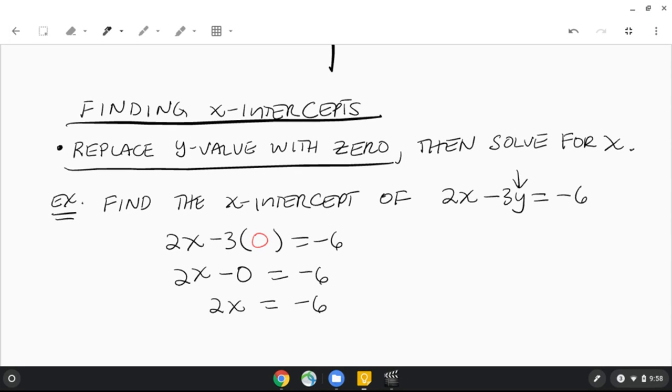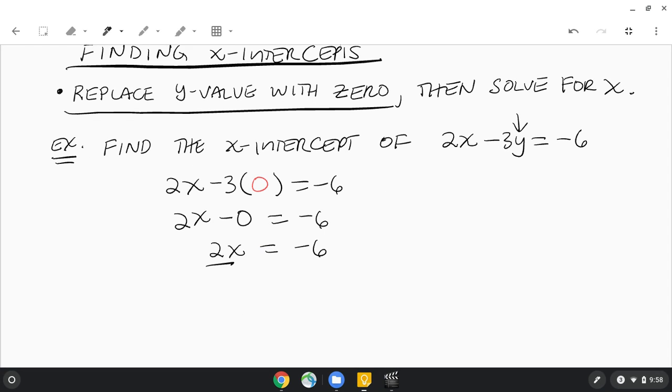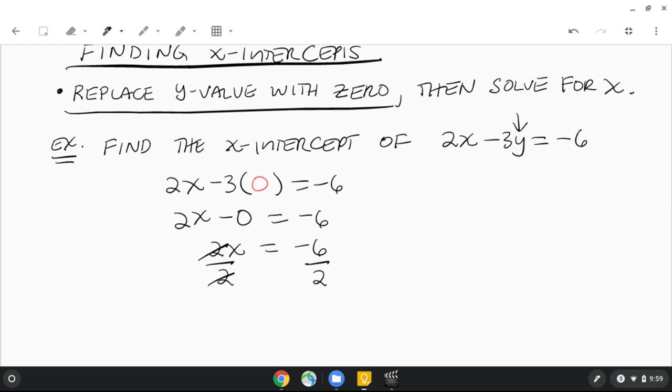And now solving for x, I just need to divide both sides by 2. And it turns out that x equals -3. So my x-intercept is going to be at -3, 0.